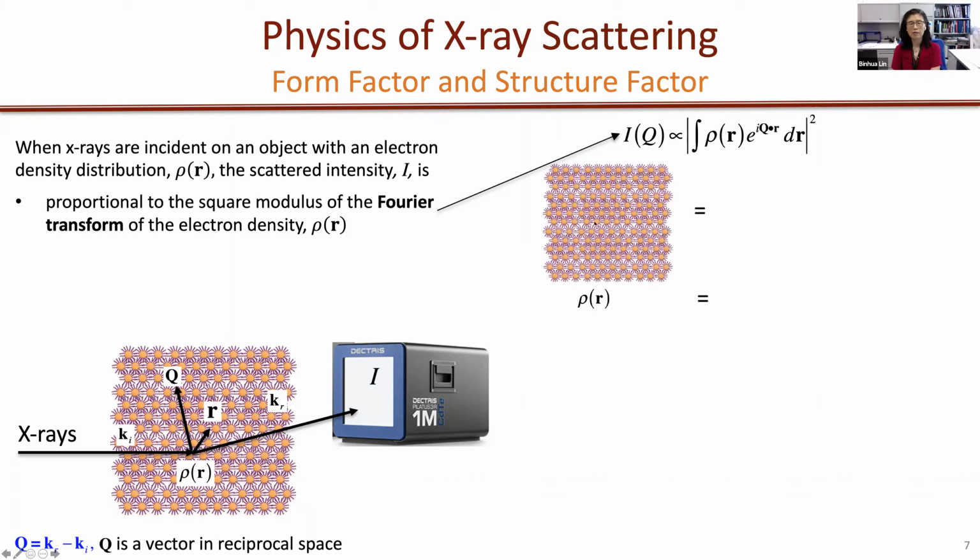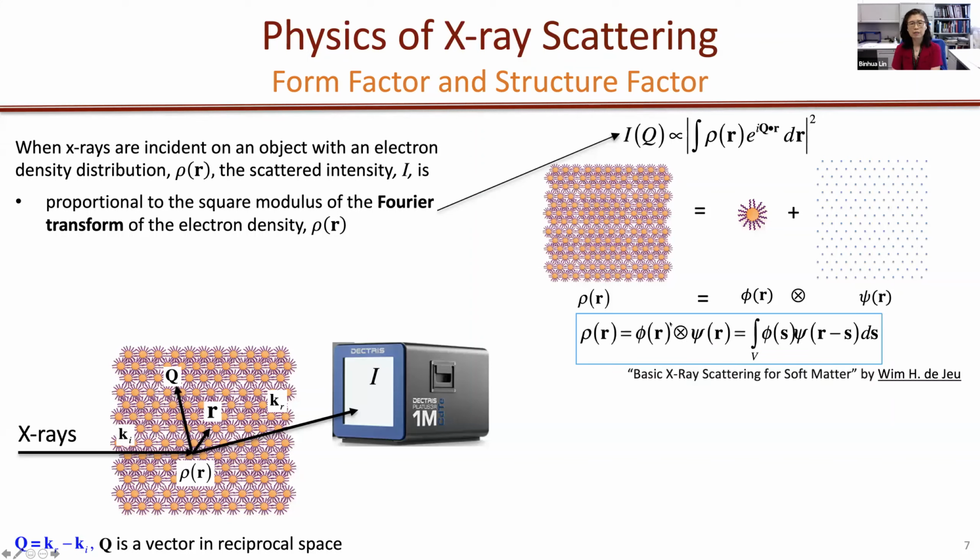For a periodic object, the electron density rho(r) can be written as the individual particle function phi(r) convoluted with the distribution of the centers of the particles, psi. The convolution is given in this integration function here.